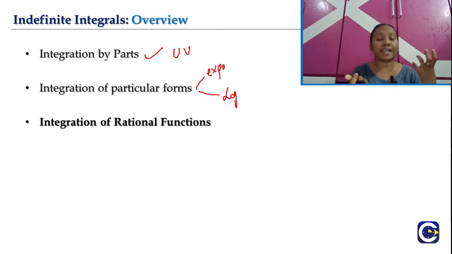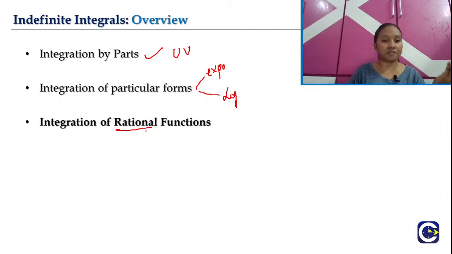integration of rational functions. You know what rational functions are, right? You have learned that in your functions chapter, so there is nothing new. But when it comes to integration, how are we going to integrate rational functions?